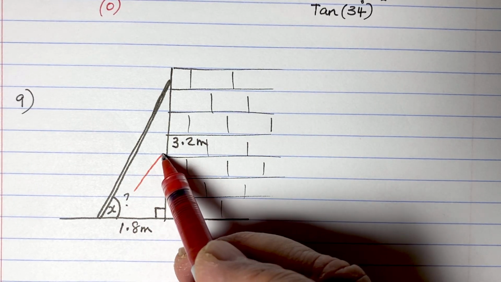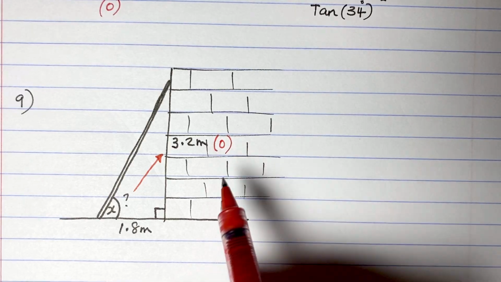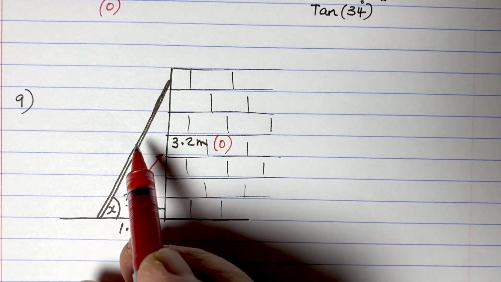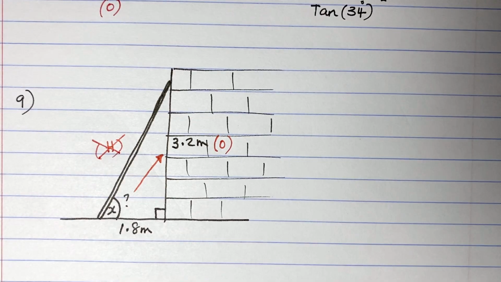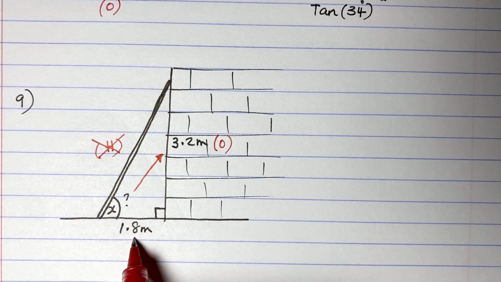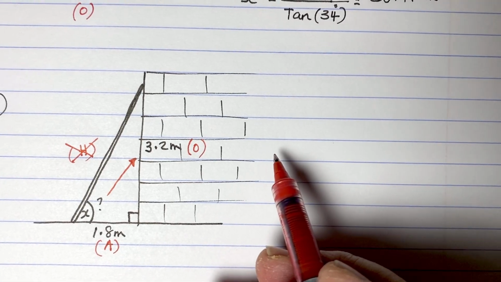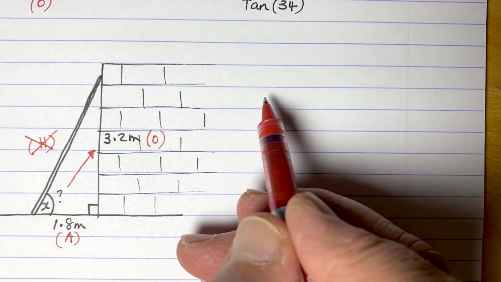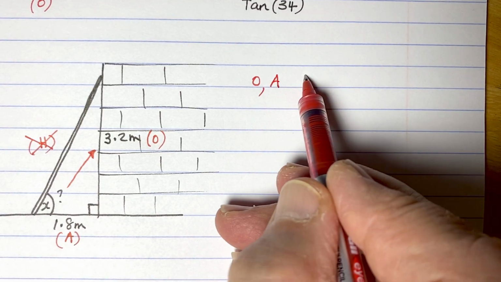Opposite to the required angle is opposite. This would have been the hypotenuse, but you're not interested, not given, not needed. So 1.8 would be adjacent. So as before, we have letters O and A involved.